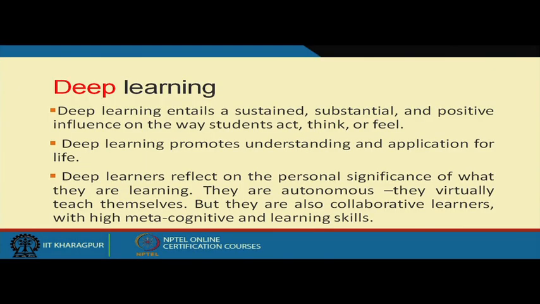But they are also collaborative learners with higher metacognitive and learning skills. Usually they give importance to the understanding level, not the marks they are getting. Of course marks are there, but in that case the understanding approach is very important.